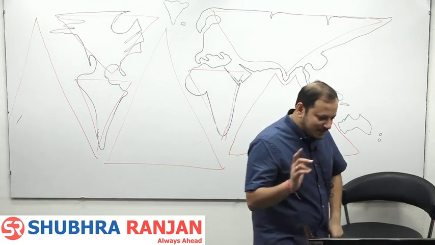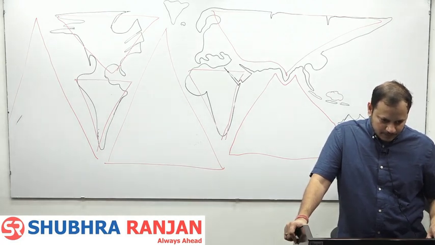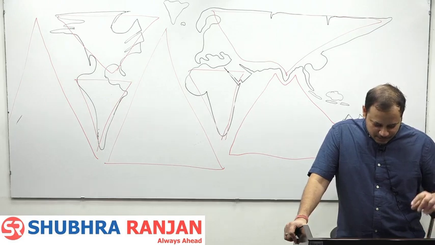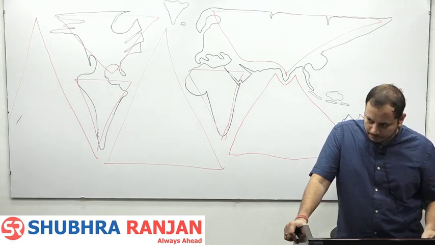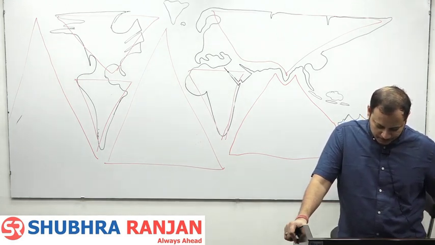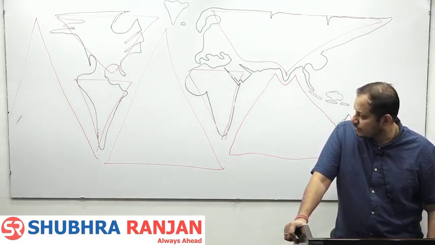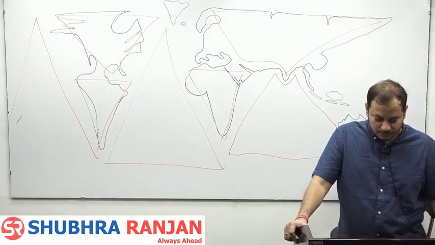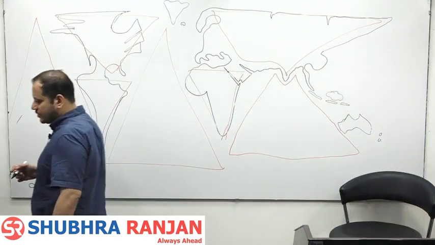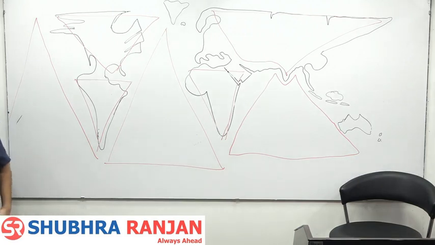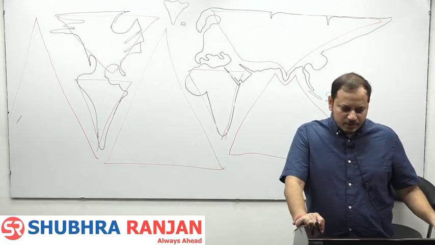Fine. So that is the next point. The triangles are arranged in such a manner that for the continents, the base is to the north and the apex is to the south.